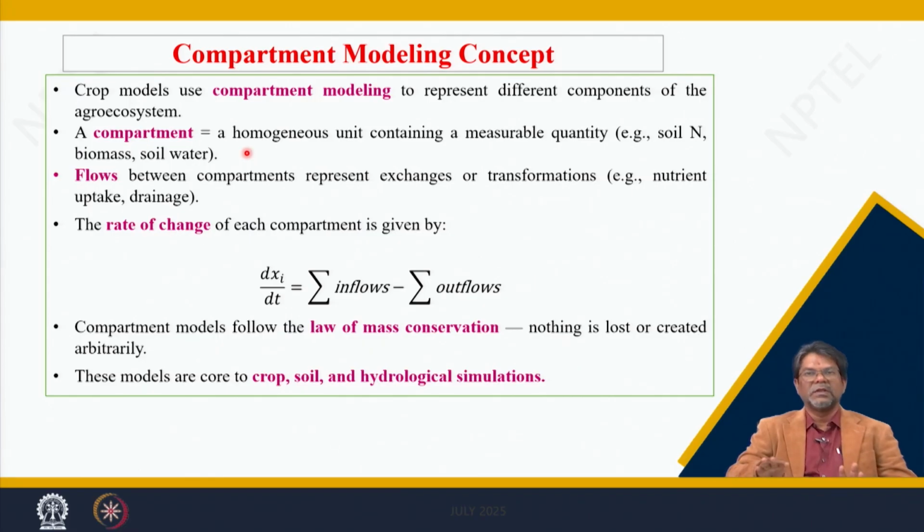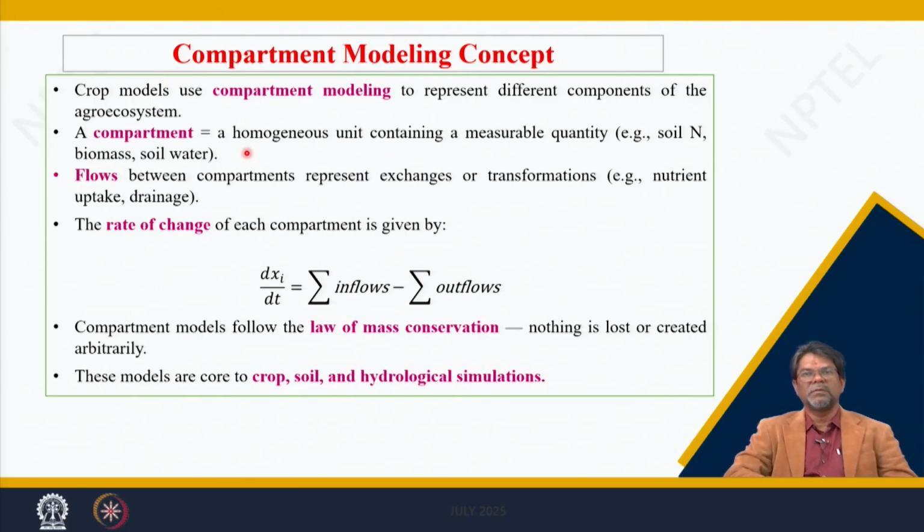A compartment indicates a state variable, so it represents the state of the system at any point of time. The quantities are quantified as soil nitrogen content, crop biomass, soil water, leaf weight, stem weight.